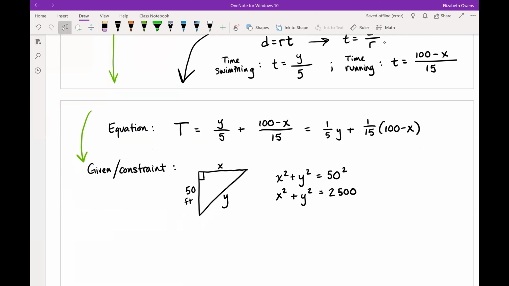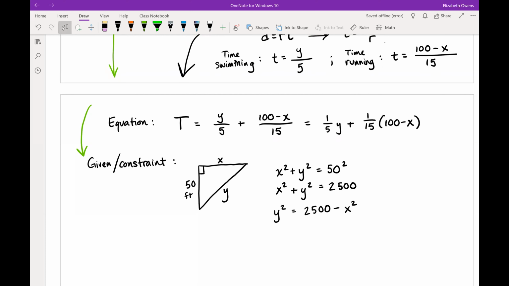And so you can take that and solve it for either X or Y. Just looking at our time equation here, I think I will choose to solve it for Y because it looks a little easier to plug in. But you should be able to solve for X with the same result. So I'm getting Y squared equals 2,500 minus X squared. And so Y is going to be the square root of that, 2,500 minus X squared.